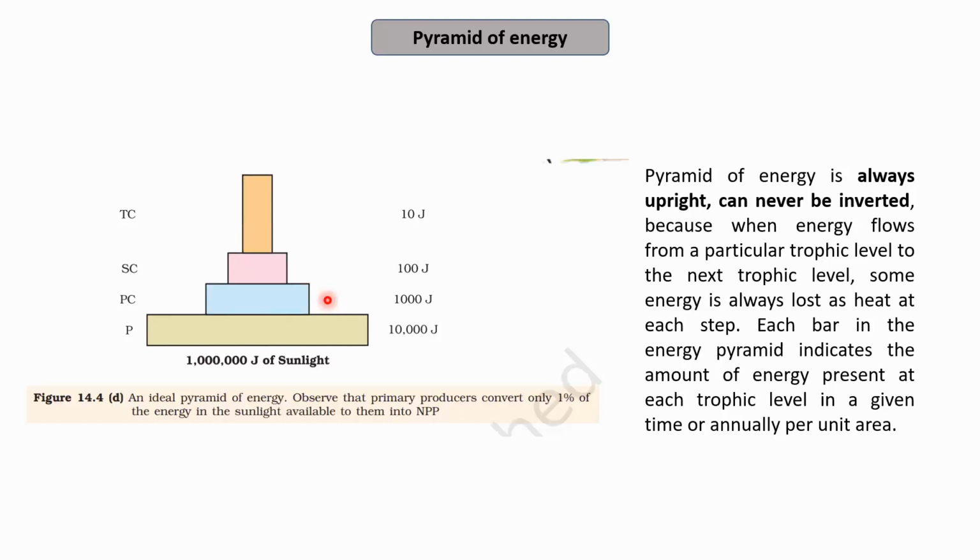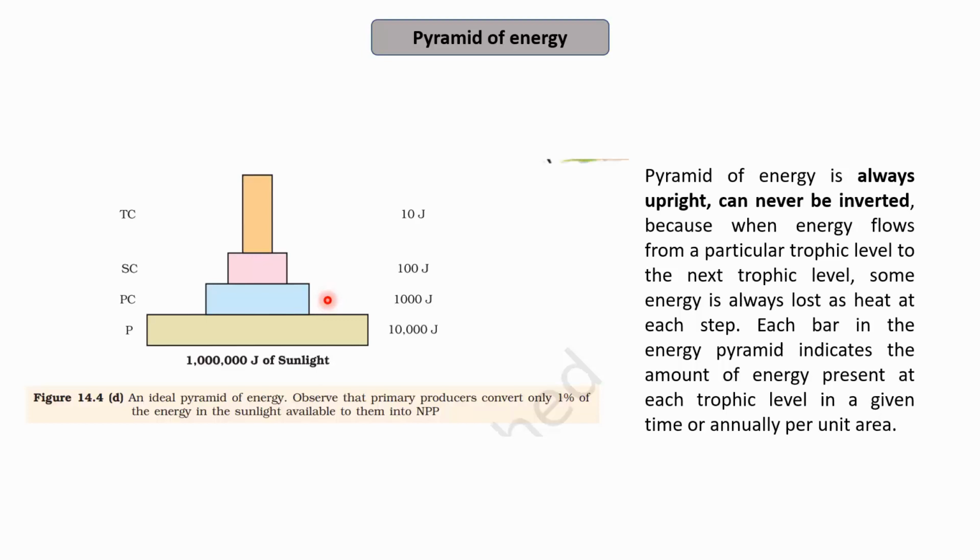Ecological pyramids give us an idea about the relationship of different organisms within an ecosystem. They tell us about the number, biomass, or the energy present at each trophic level in any ecosystem.